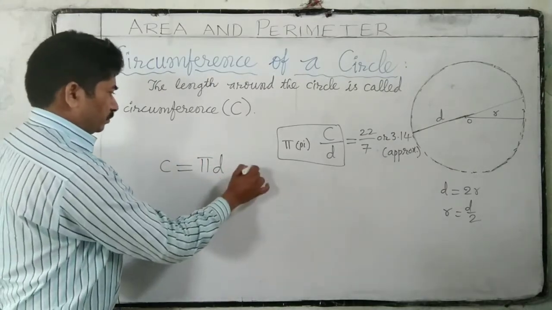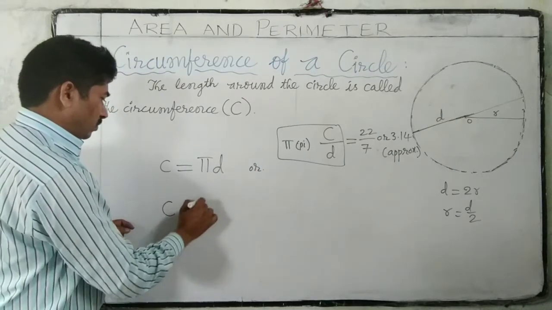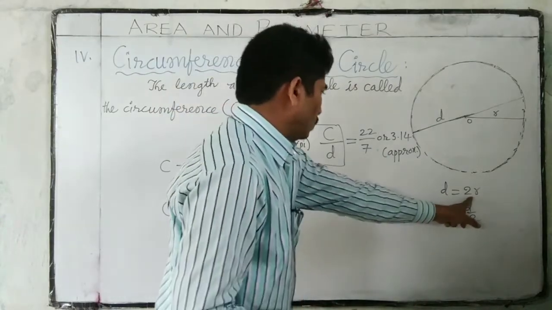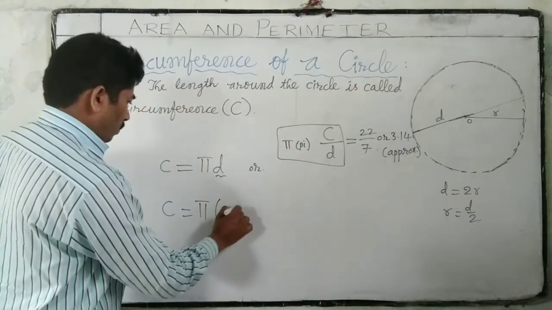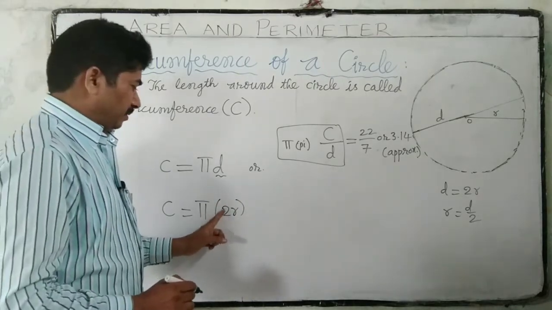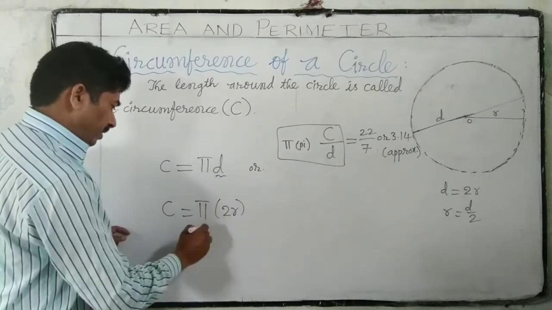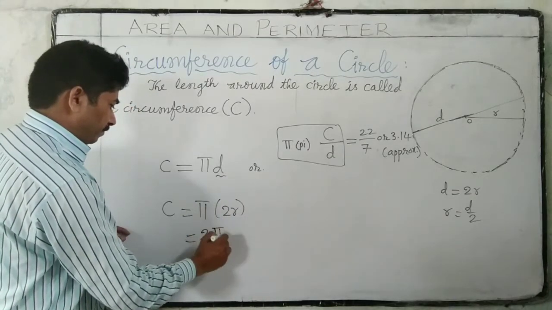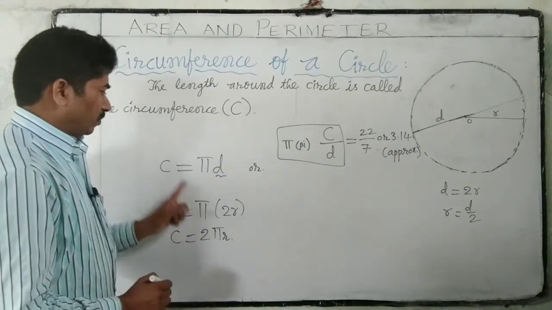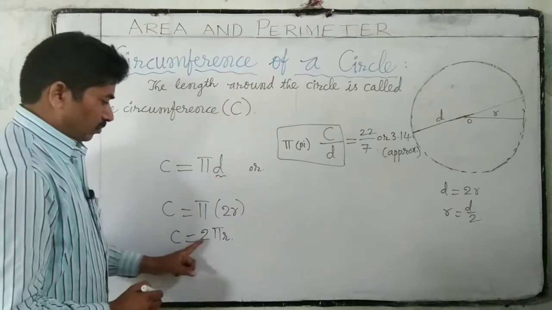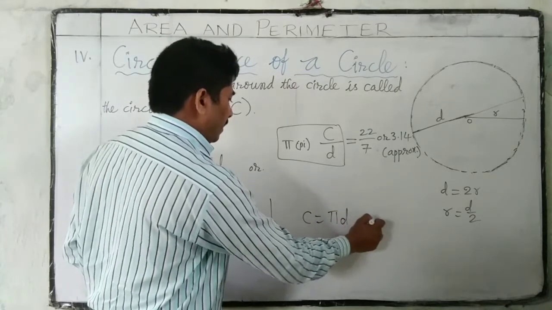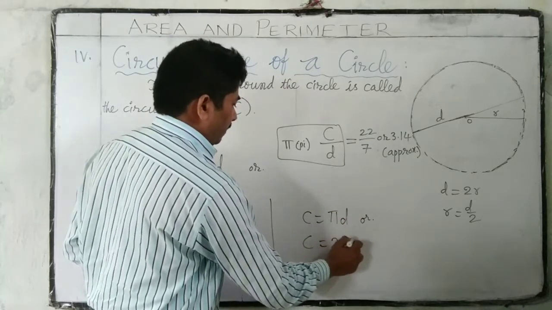Or C is equal to pi, we already know D is equal to 2R. So we have to write this numerical term in front of the variable, 2 pi r. C is equal to 2 pi r. Finally, C is equal to pi d or C is equal to 2 pi r.